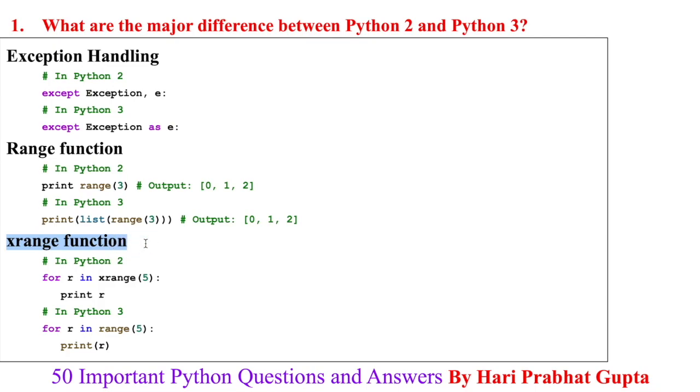The next difference is the xrange function. In Python 2, the xrange function is similar to the range function, but it returns an xrange object instead of a list. This can be more effective when dealing with large values or a large range because it generates the numbers on the fly instead of creating a list in memory.